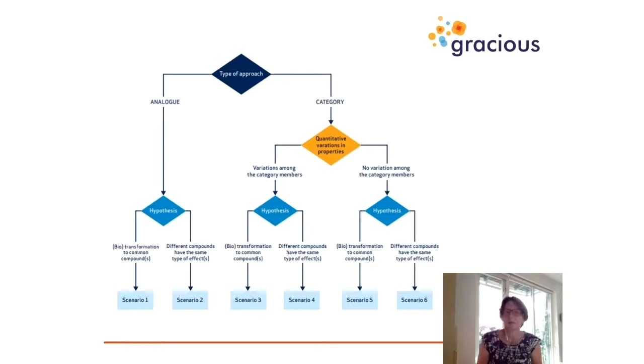You can have a similar approach for the category where there is variation among the category members following this regular pattern, or there's no variation, and then you can both have this scenario with biotransformation leading to the same substances, or that the different compounds have the same type of effects, where you can have this other scenario.